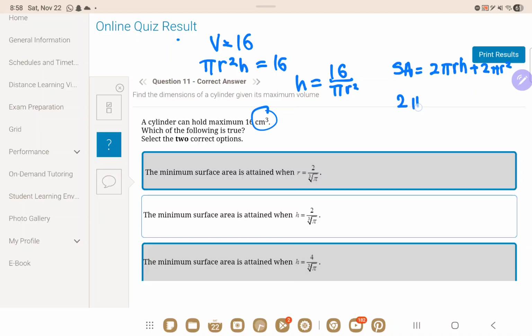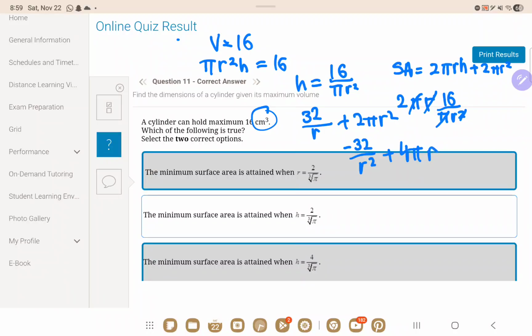Now 2 pi r times 16 over pi r squared: the pi is going to cancel with the pi, and the r is going to cancel with the squared, so it's going to become 32 over r plus 2 pi r squared. You're going to now derive this, so it's going to become negative 32 over r squared plus 4 pi r.